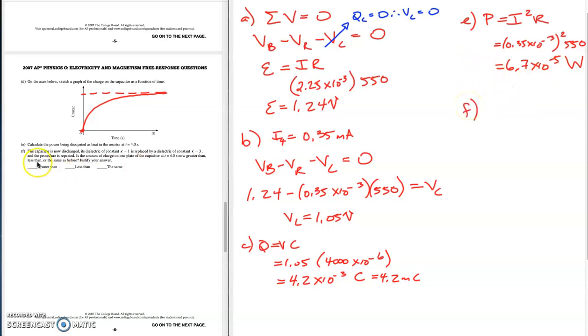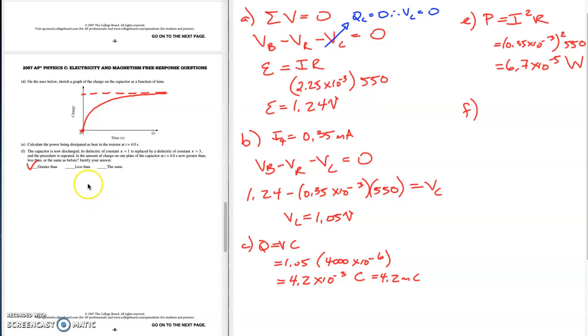All right, part F. Oh, we have checkboxes here. Now we're going to discharge it, and we're going to replace it with a different dielectric, which means that now we can store more charge. The amount of charge on one plate of the capacitor is greater than. Okay, so we're going to say greater than. And we can use our rules for capacitors.